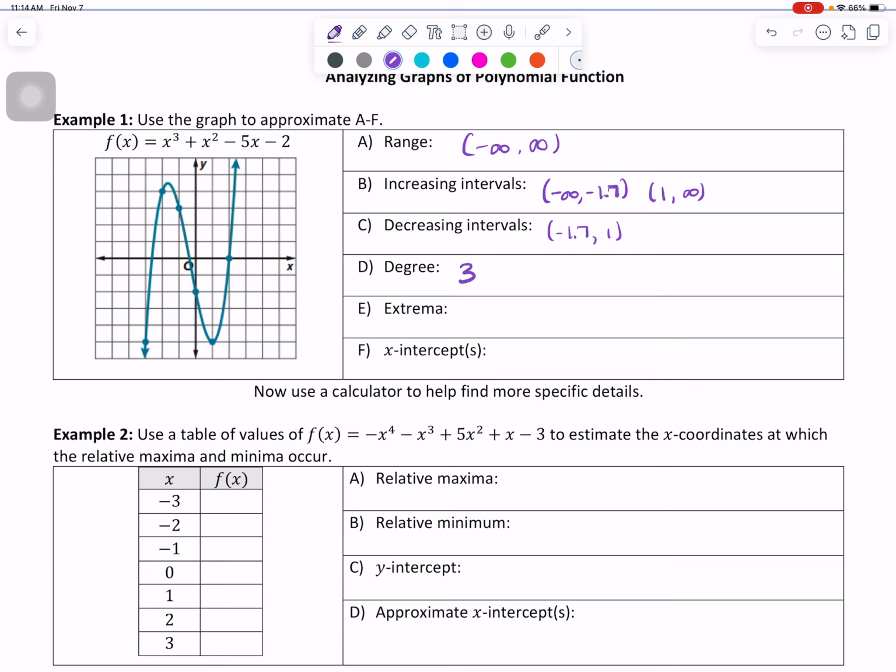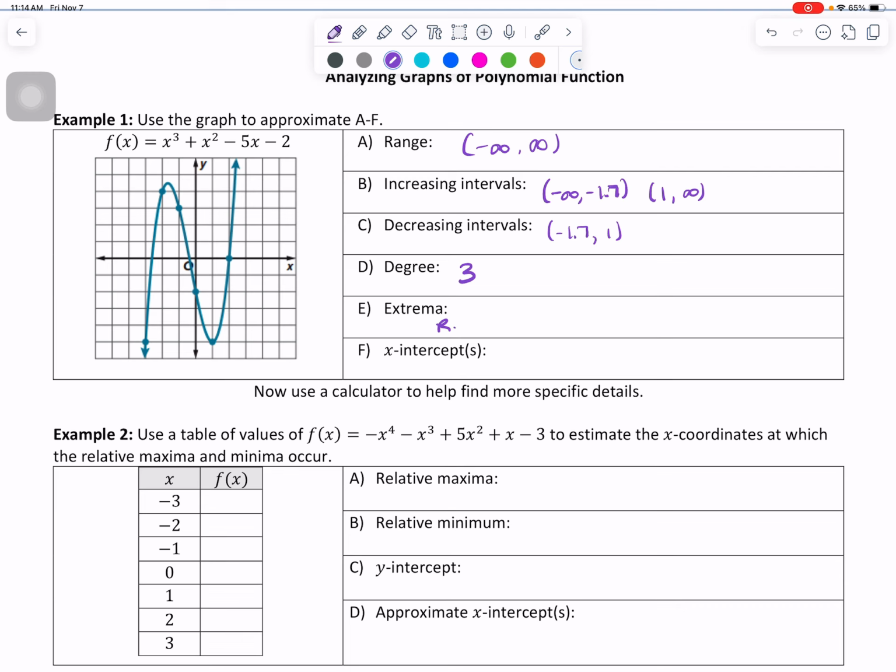All right, so we're going to have the extrema, which is when it is changing from increasing to decreasing or decreasing to increasing. So that's going to be those relative max and mins, okay? So we see we have one up here, we see we have one right there. So I know I have a relative max.